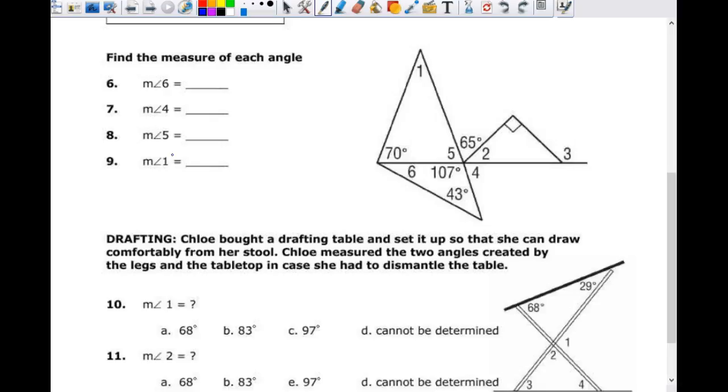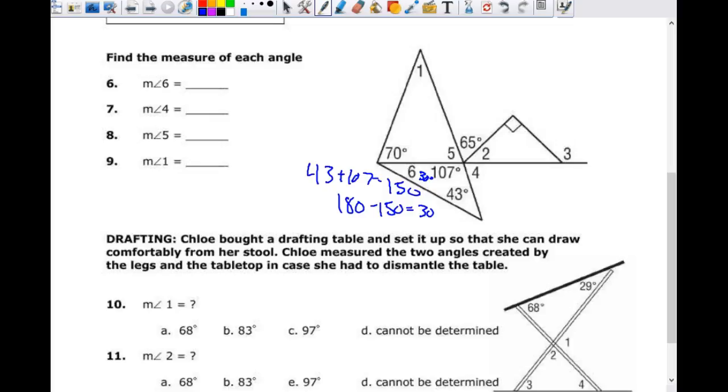We can say 43 plus 107, which is, let's see, that's going to be 150. Is that right? 150. And we want to subtract that from what? 180. So 180 minus 150 is 30. Hey, look, I already found 6.